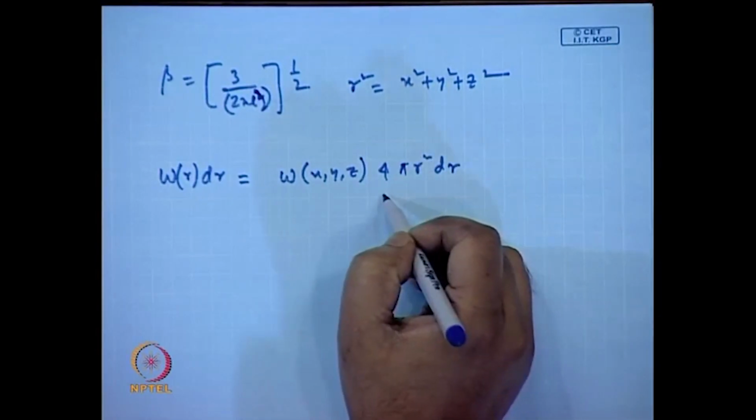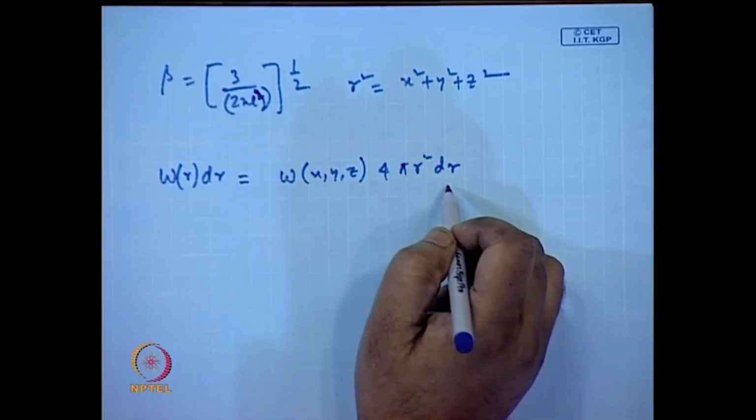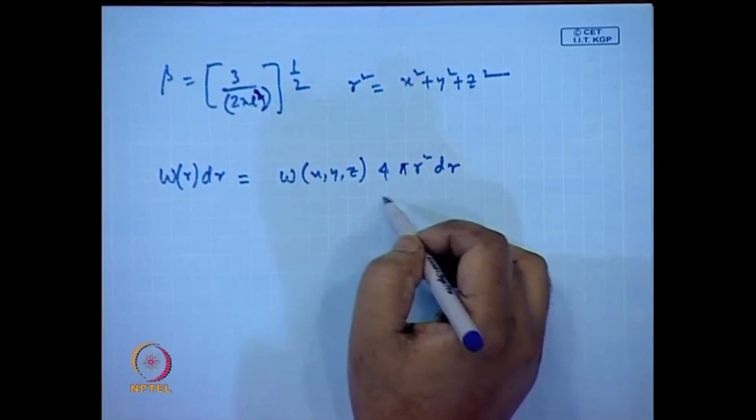We are adding a volume element with a radius of r. 4 pi r square dr is the volume element.